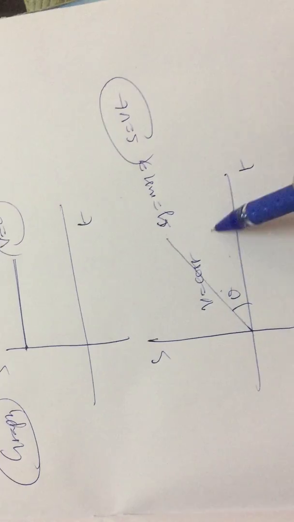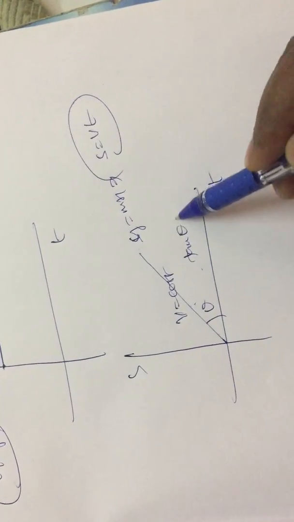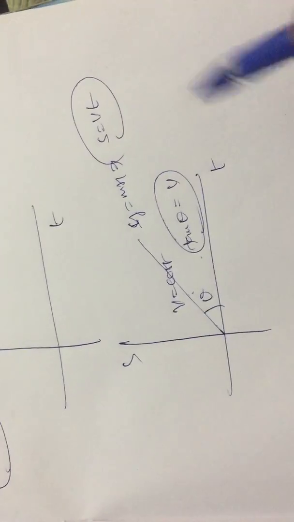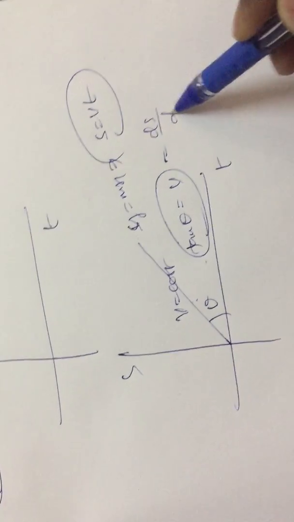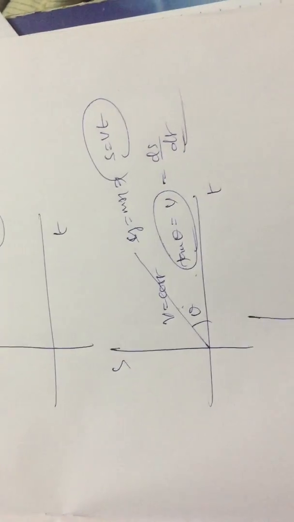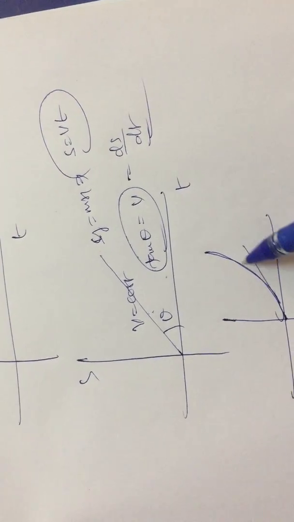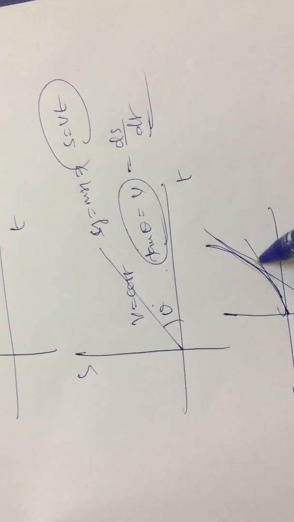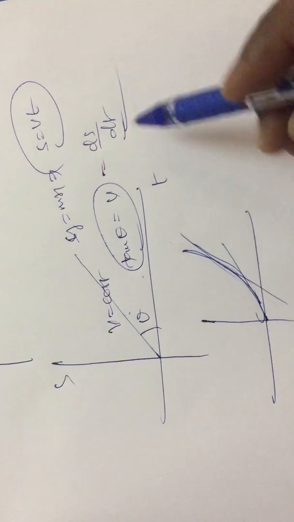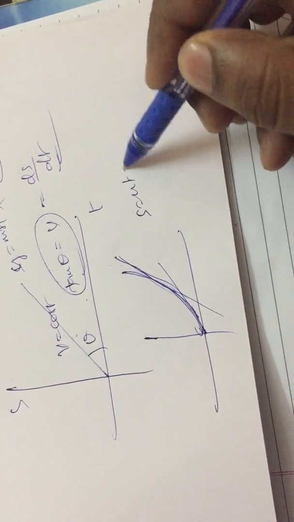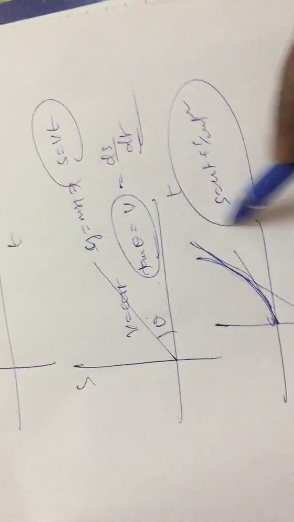In this type of question you have to write tan theta equals velocity, slope equals velocity, which we can also write as ds by dt. Next, if the graph is like this, the slope is increasing as it is moving up. In this case we can write s equals ut plus half at square.